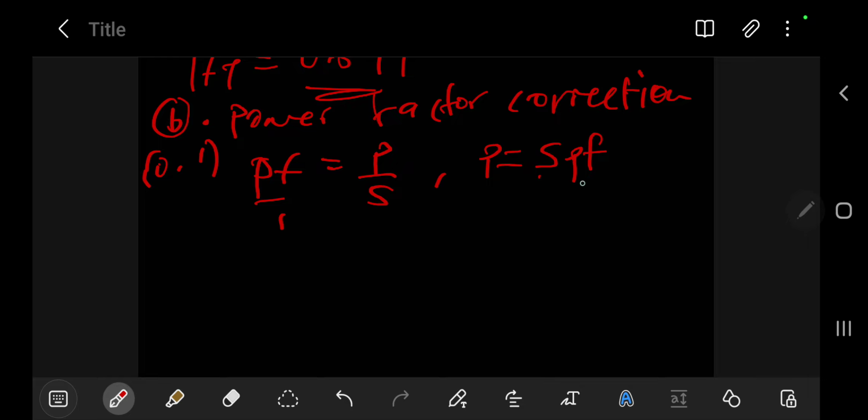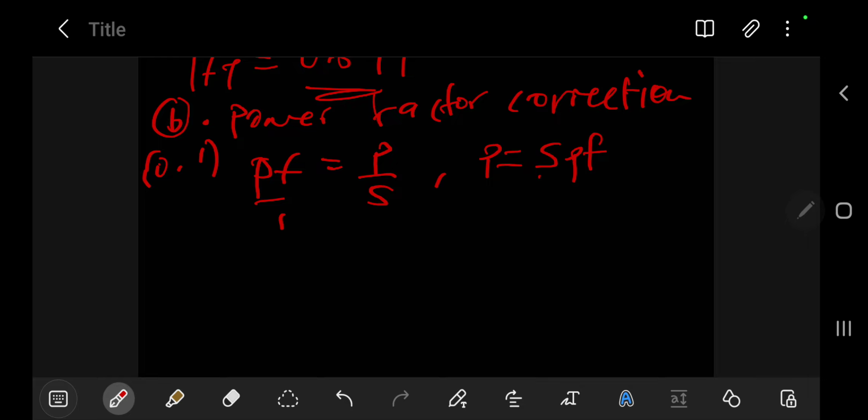You notice that because we just want to supply a constant power, let's say we maintain this power to a load. If this keeps on getting lower and lower, it means you are going to need a very big amount of this apparent power.